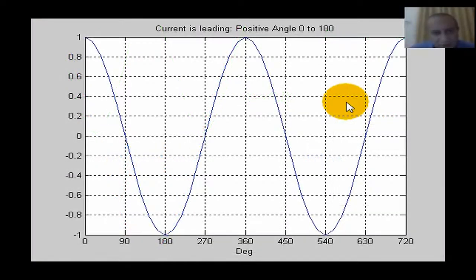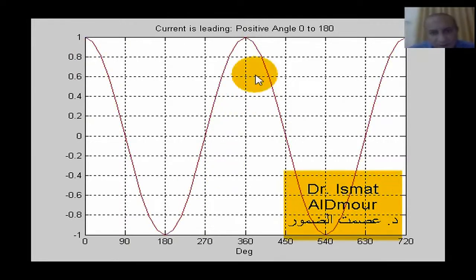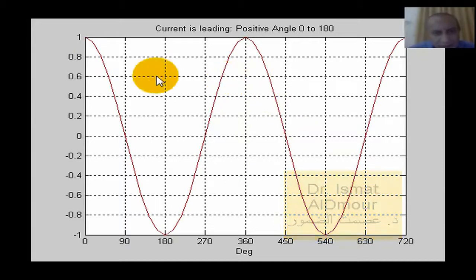My original voltage source in blue is a sinusoid with amplitude 1. Now I will start with a current. This is the current in red. We don't care about the amplitude, so it's the same amplitude. So if you multiply the current and the voltage, they are on top of each other.